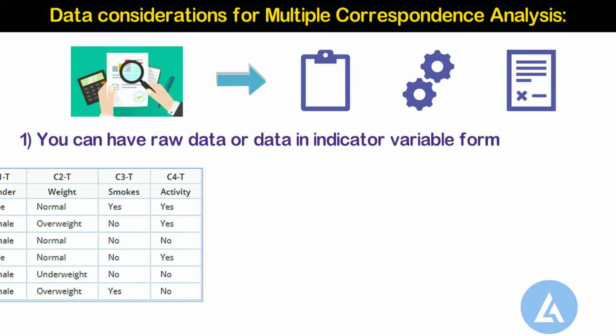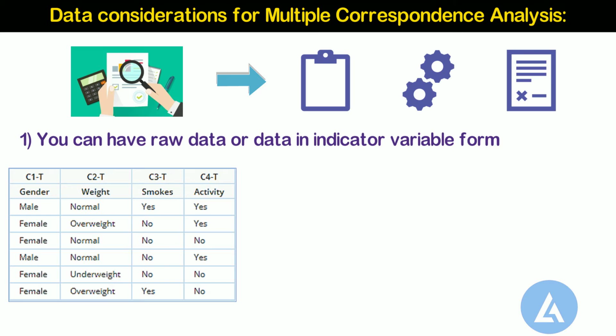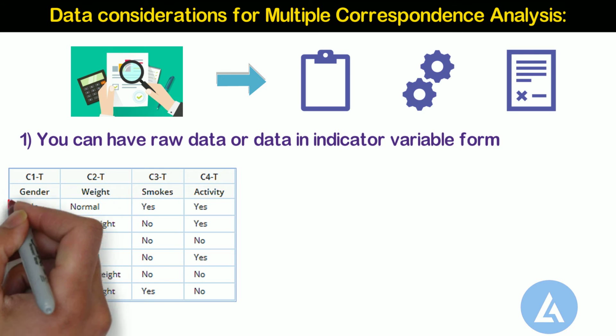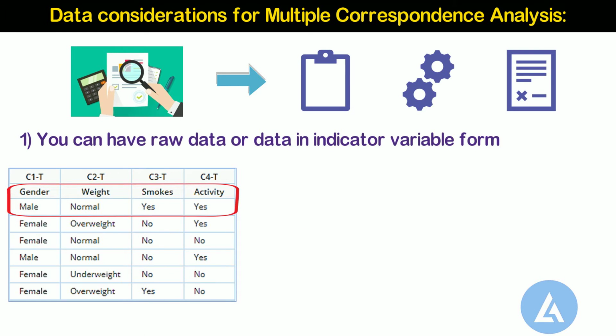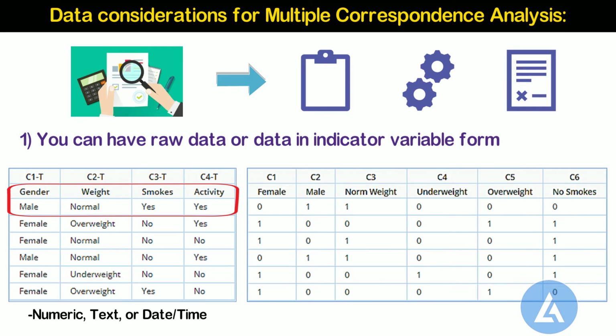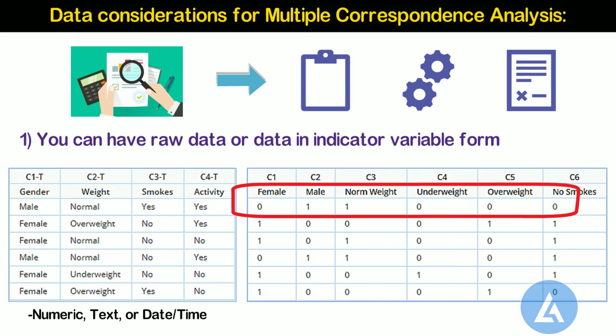If you have raw categorical data, then you can have one or more classification columns, with each row representing one observation. The data represent categories and may be numeric, text, or date and time. If your data are in indicator variable form, then each row also represents one observation, and you have one indicator column for each category level.